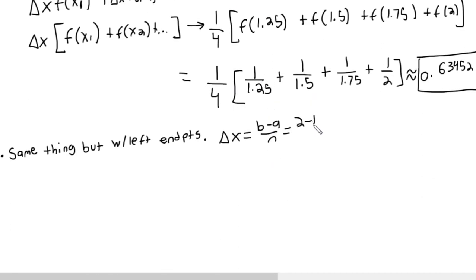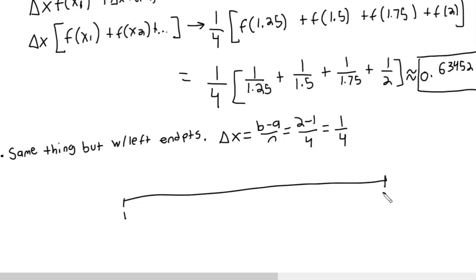So 2 minus 1, over 4 rectangles. Your delta x is going to stay exactly the same. Let me draw this number line again. We're starting at 1 and ending at 2. So we would go to 1.25, 1.5, 1.75. And now we're using the left endpoints though.